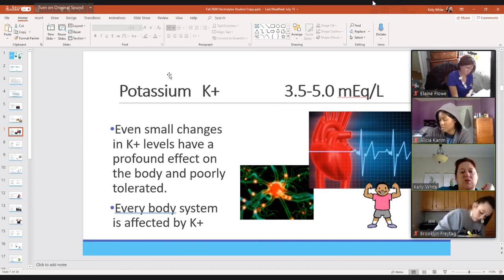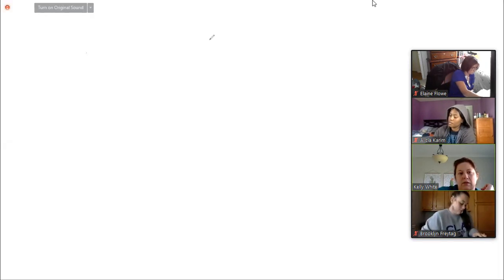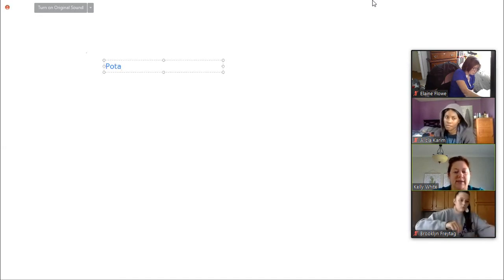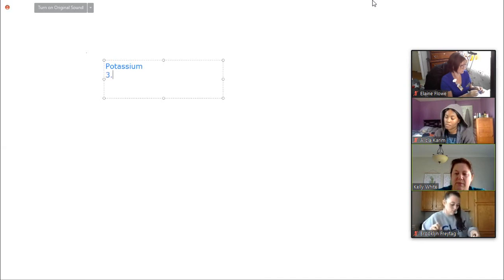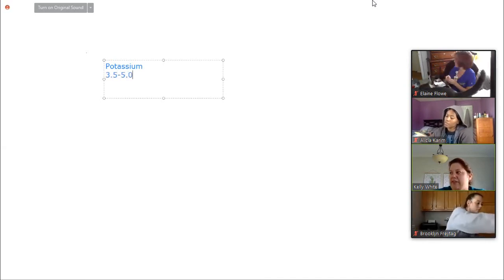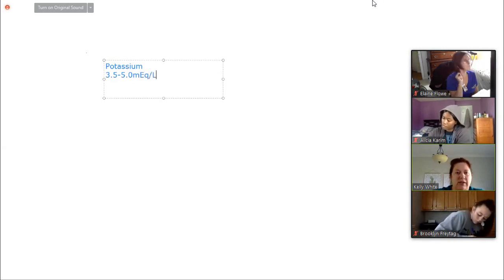I'm going to switch over to my whiteboard. With potassium, our normal range is 3.5 to 5, and it's measured in milliequivalents per liter.